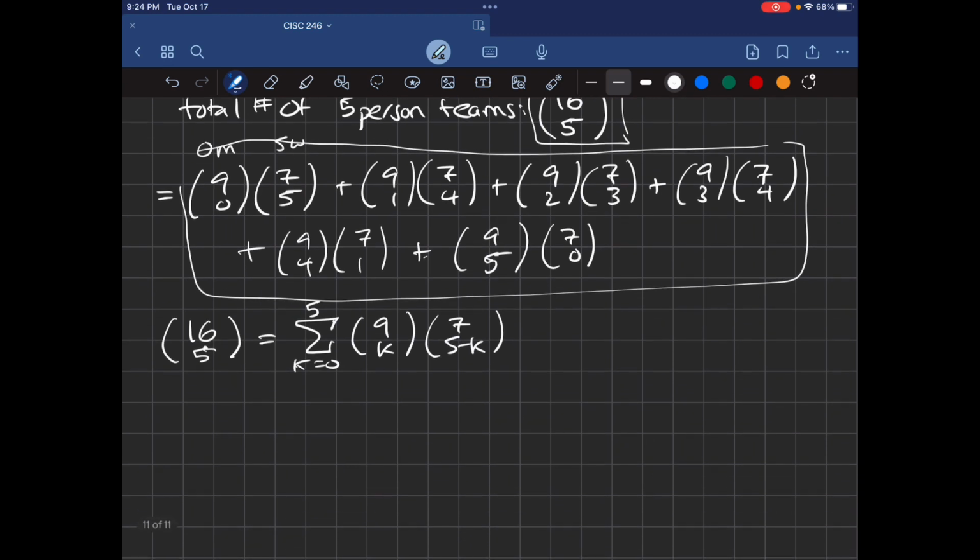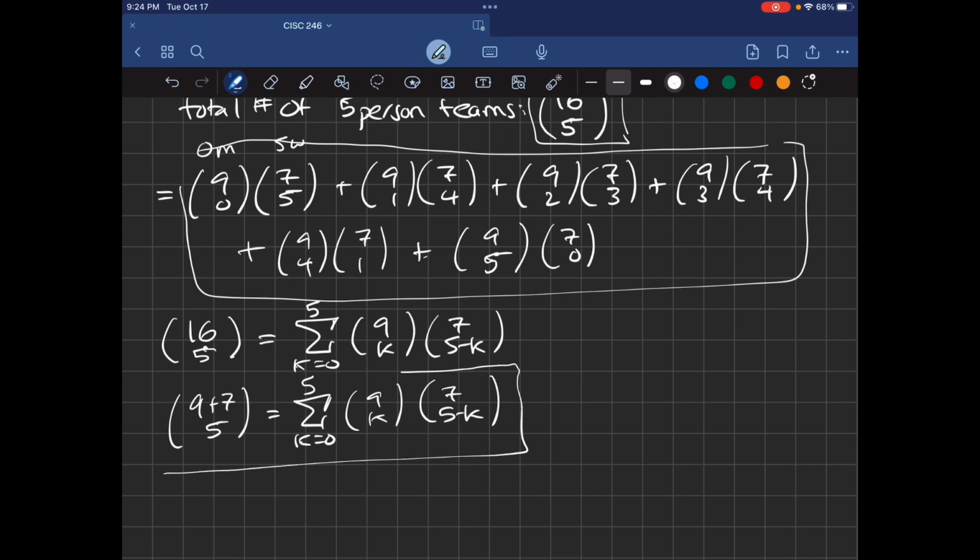And this 16 choose 5 can really be written as 9 plus 7 choose 5. I'll rewrite that sum on the right. And this right here is called Vandermonde's identity, which is one of the more famous identities around with the binomial coefficients.